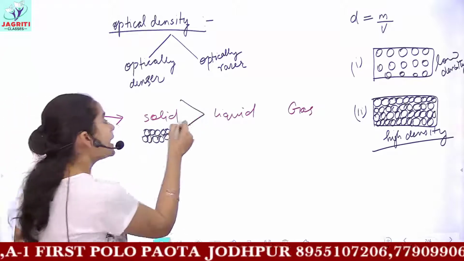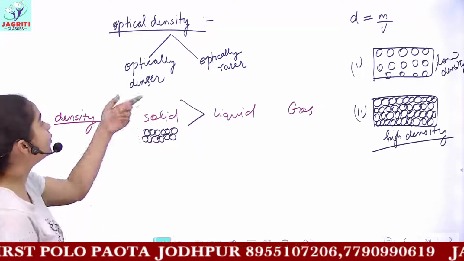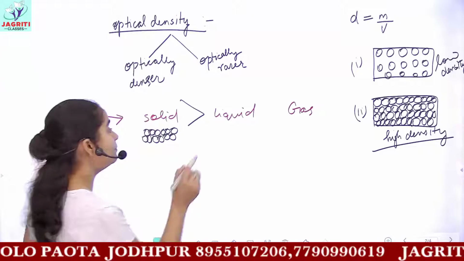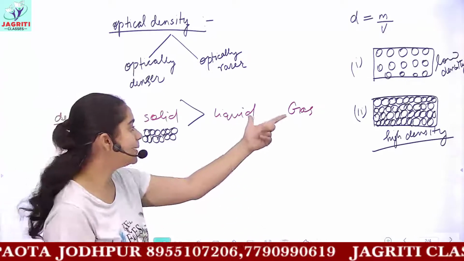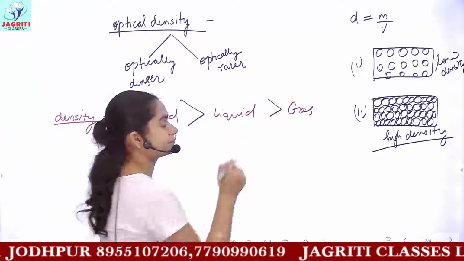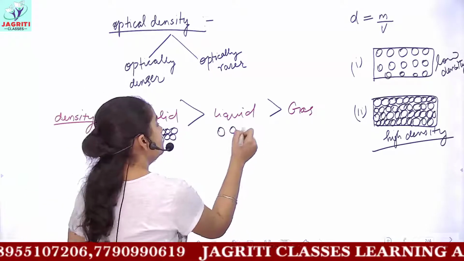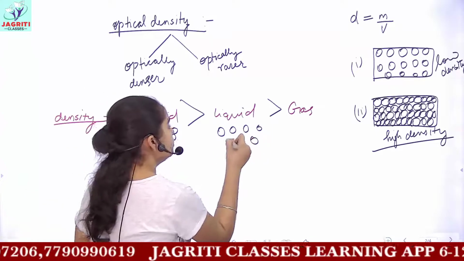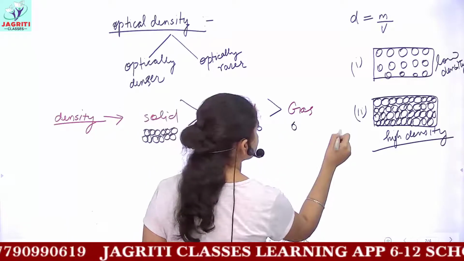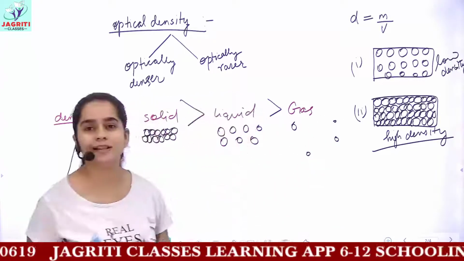So solids are highly dense and therefore they are optically denser compared to the liquids. And when we compare between liquid and gas, then liquids are definitely optically denser because they have less space between the particles compared to the gases which have much space between their particles.